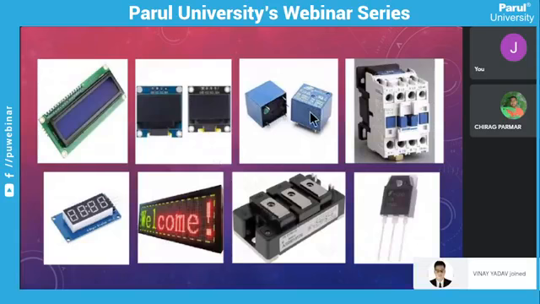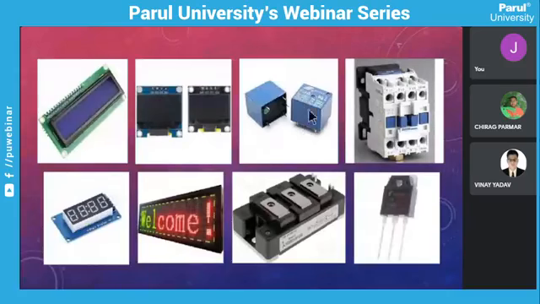So the actuators can be a relay. The electrical engineers know this relay very well. This is a relay, available in 5 volt or 12 volt ranges. This is a contactor, a three-phase 4-wire contactor. Many people get confused between a relay and a contactor.